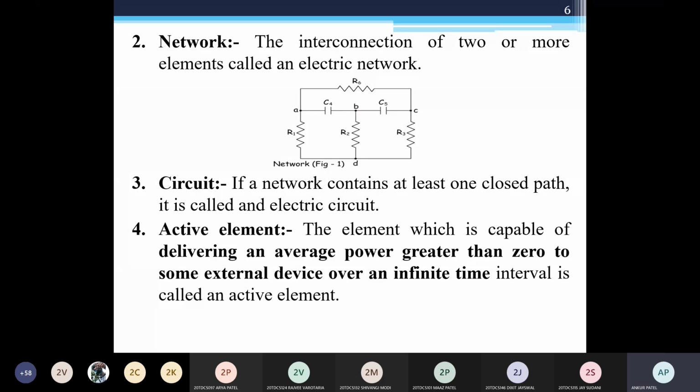Nodes mean two or more elements connected together. So A is called a node, B is also a node, C is also a node, and D is also a node. So we have four nodes, A, B, C, D, where two or more elements are connected.